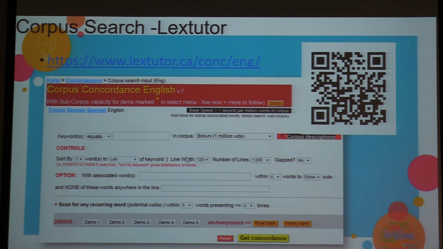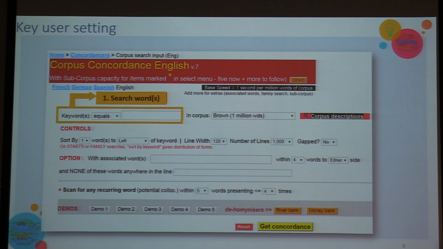A simple question, particularly for those who didn't know about this website: if I ask you to type a keyword, which box will you type in? Do you see the word keywords here? So you have to type a keyword here to start your search. Now I'm going to explain to you very briefly.